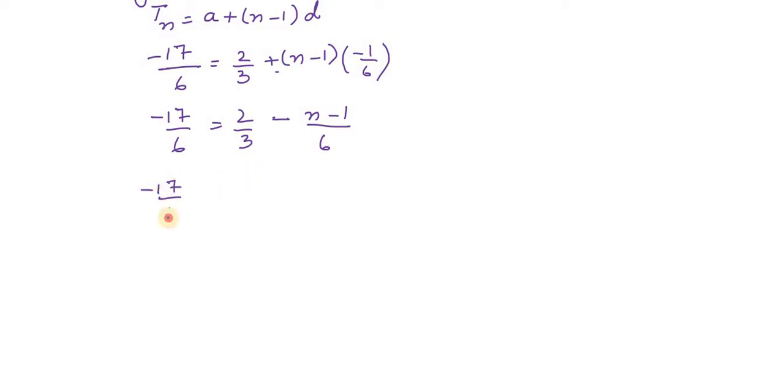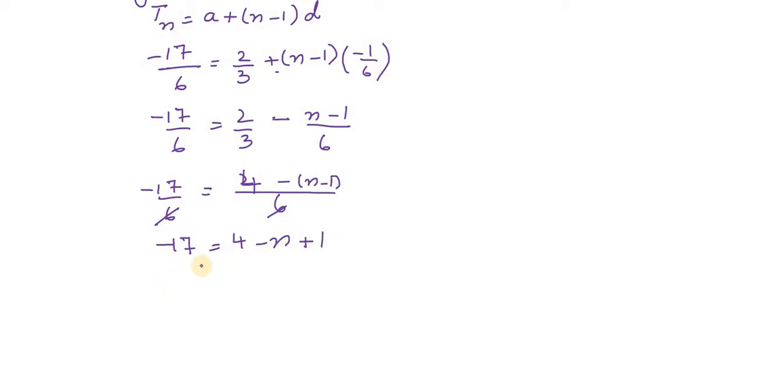Plus and minus gives minus. So minus 17 upon 6 is equal to, we take the LCM, and the LCM is 6. 2 twos are 4, sorry, this is 4, minus n minus 1. 6 and 6 will be cancelled. Minus 17 is equal to 4 minus n, minus minus plus 1.